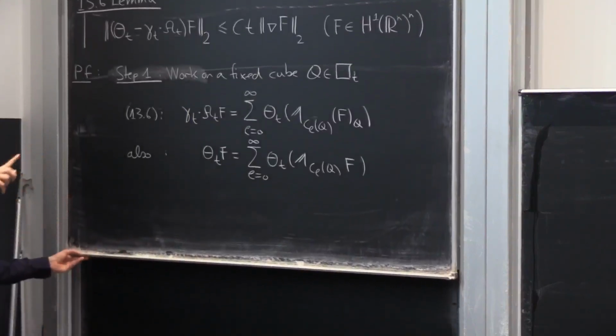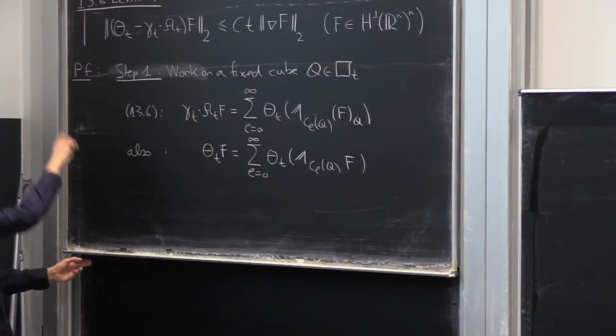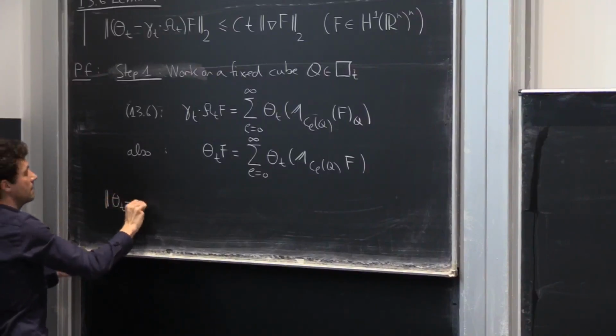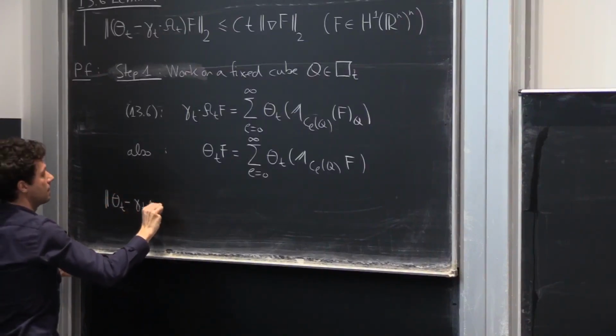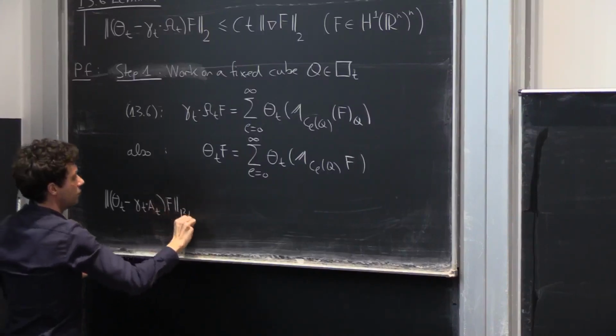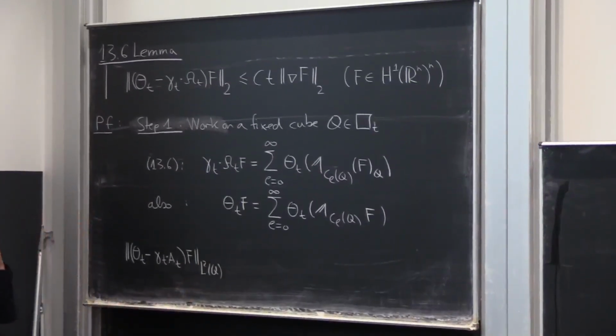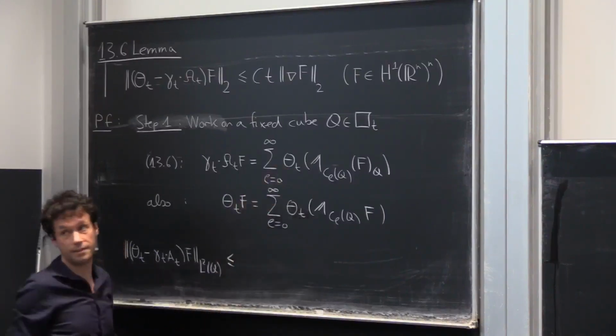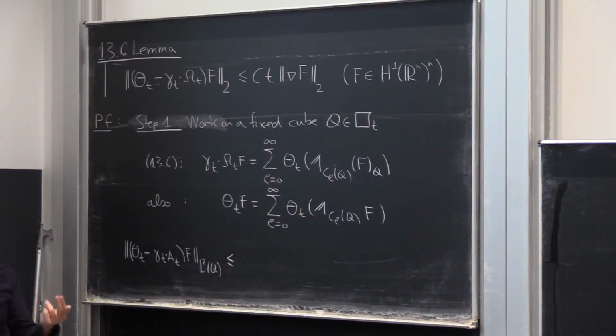Okay, so I take the difference of these two formulas, and I can bound theta t minus gamma t AT applied on f. I bound it in L2 of Q by, well, I take this series minus this series, and then I use the triangle inequality.